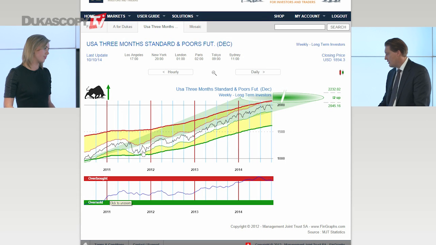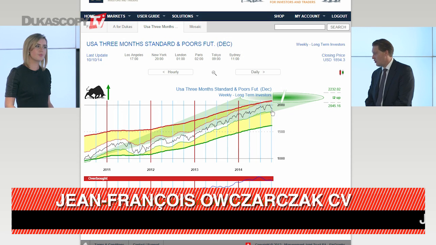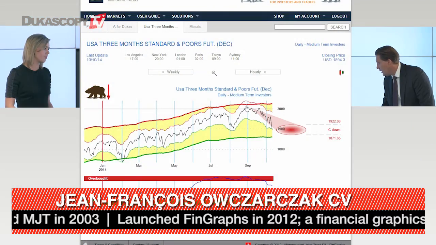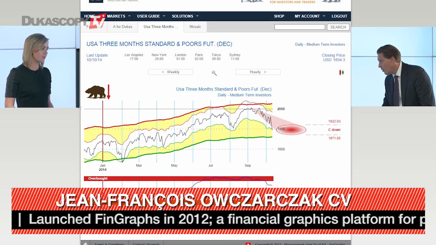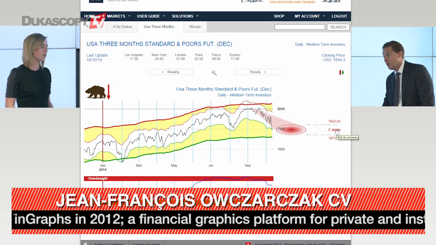And apart from that, all these intermediate corrections that we've seen over the last 2 years, and the one we're having at the moment is similar to these, have only been corrective. So that means, and maybe I could show you here, that the daily did go into a bear trend, but only a corrective downtrend.